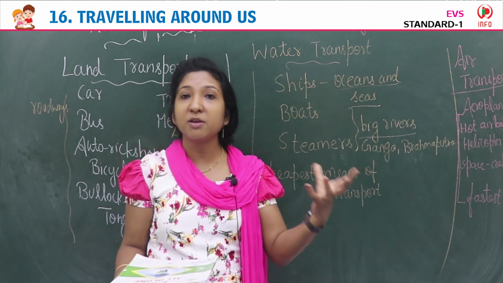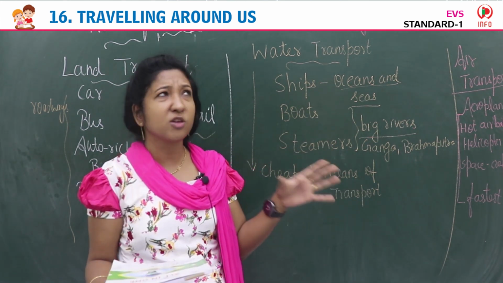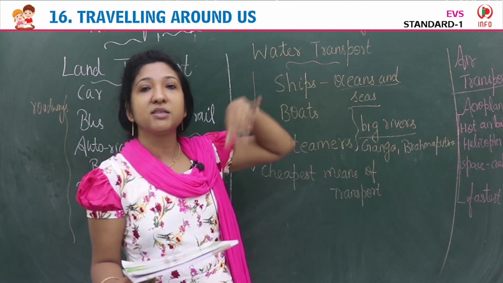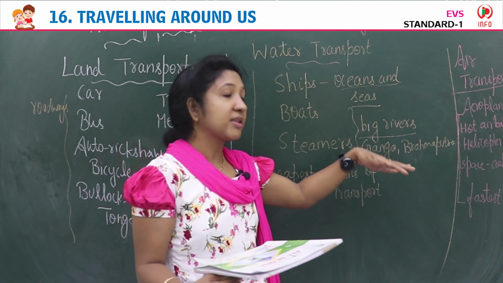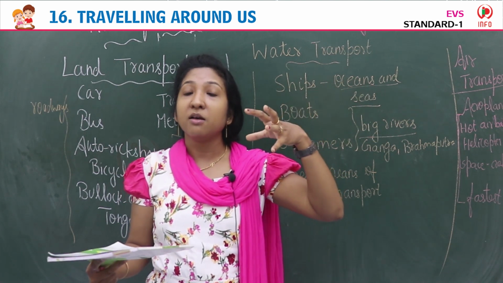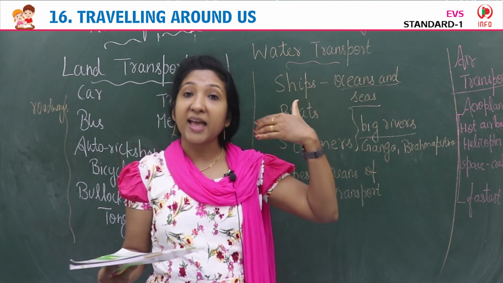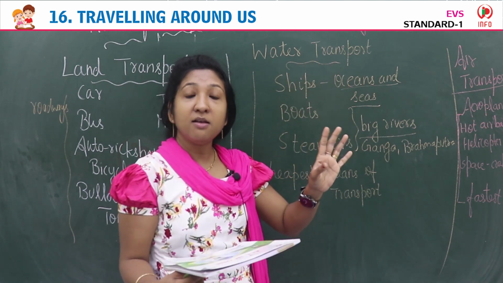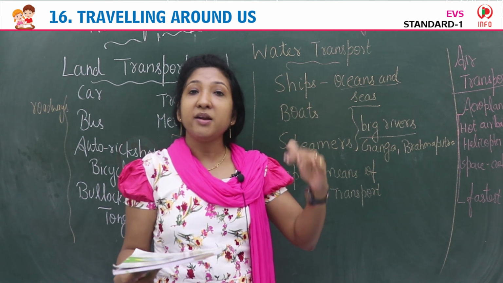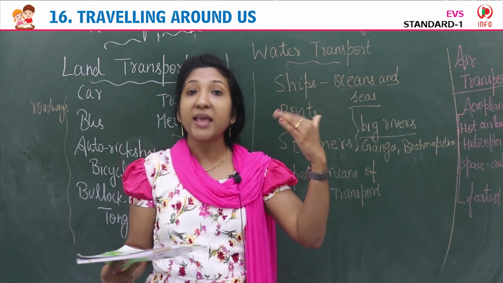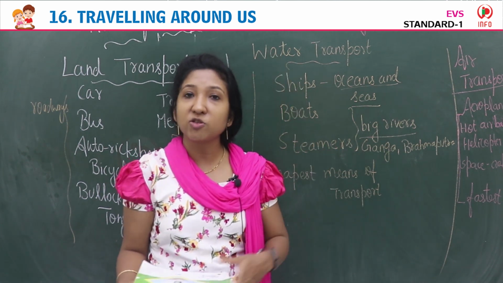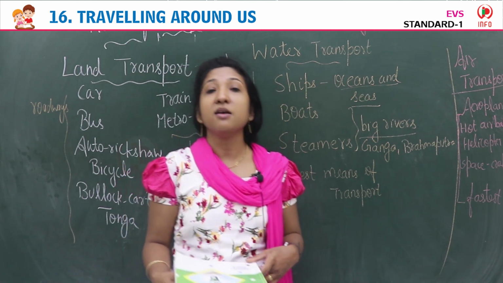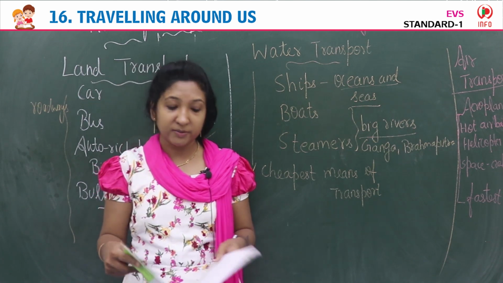Hot air balloon people use for some fun and relaxation, it goes to a high altitude. Spacecraft is a vehicle that carries people to the space to study about the space. But we people usually travel by aeroplane to another country or within the country, and aeroplane is the fastest means of transport.